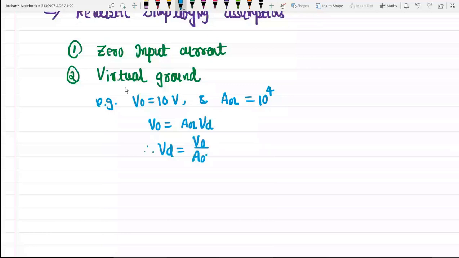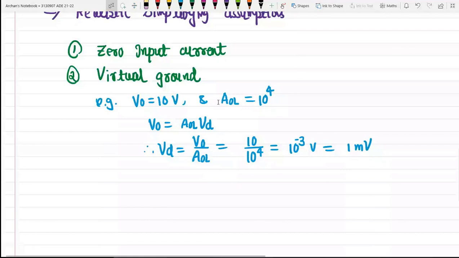Output voltage is 10, open loop gain is 10 raised to 4, that means 10 raised to minus 3 volt, which is 1 millivolt. Here you can see this Vd is very small, and as open loop gain tends to infinity, the difference voltage will tend to 0.